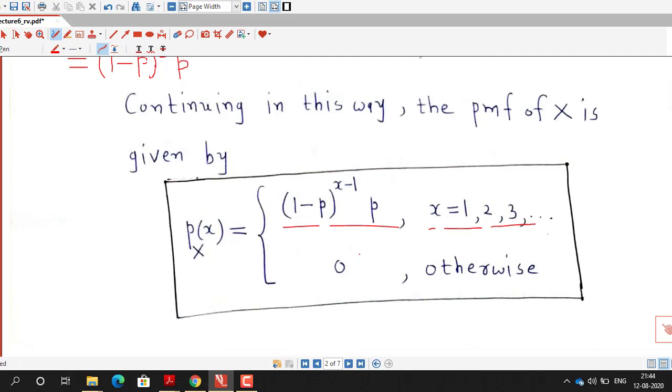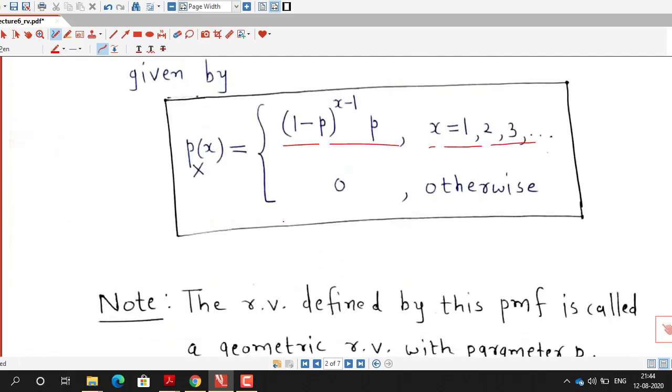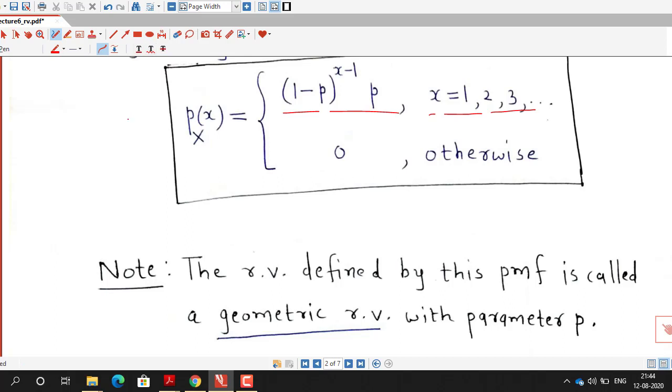So in this way we have the formula for probability mass function, and the random variable defined by this probability mass function is known as a geometric random variable with parameter p. This is a special type of random variable known as geometric random variable.